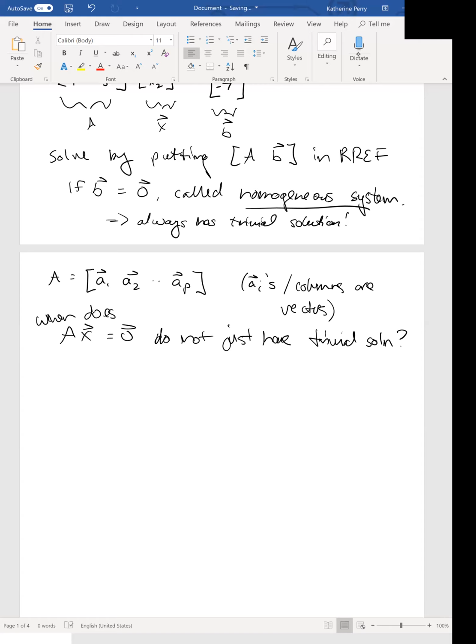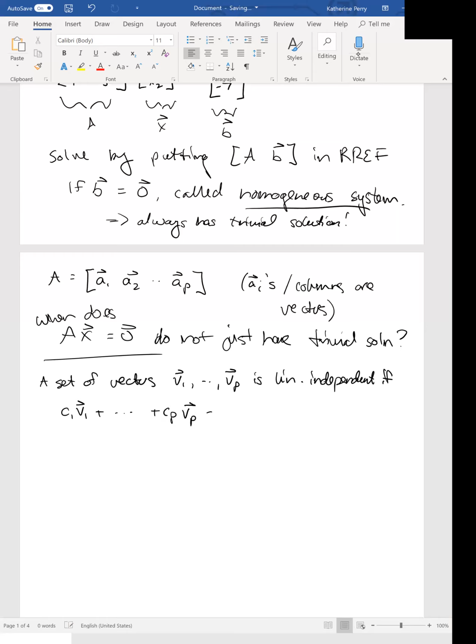To that end, we have this definition of linear independence. We'll say that a set of vectors, v1 through vp, is linearly independent if this equation c1 v1 plus ... plus cp vp equals 0, where the c's are all constants and the v_i's are vectors, has only the trivial solution.